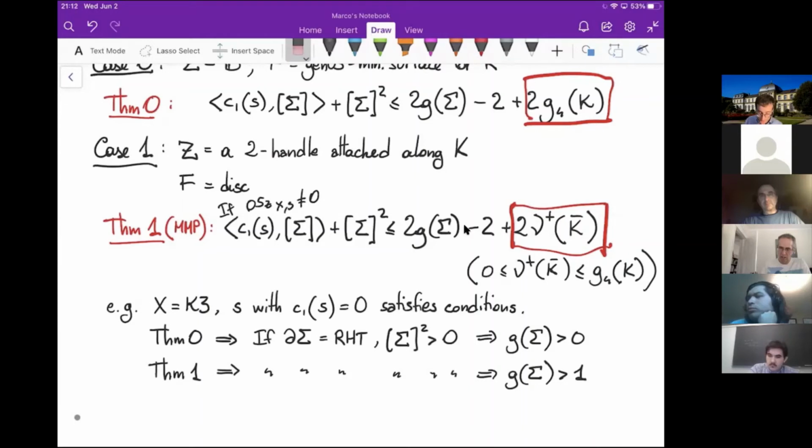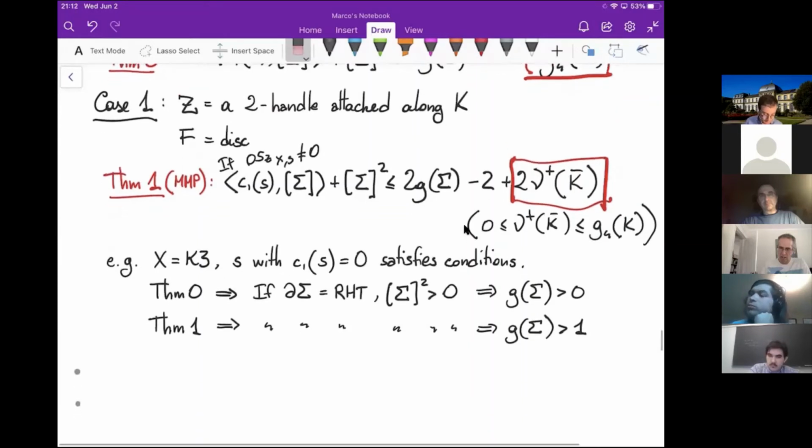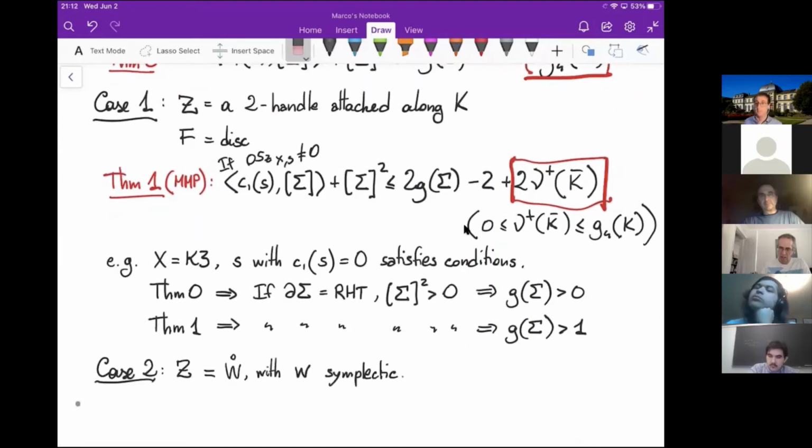So for H-sliceness, you need a better idea, but somehow we can deal with it using the same idea of gluing some four-manifold and some surface inside it.